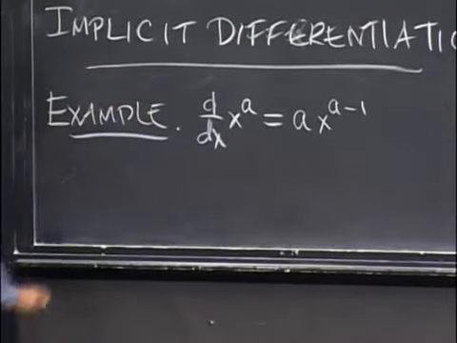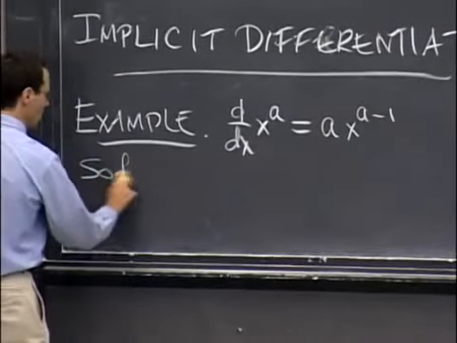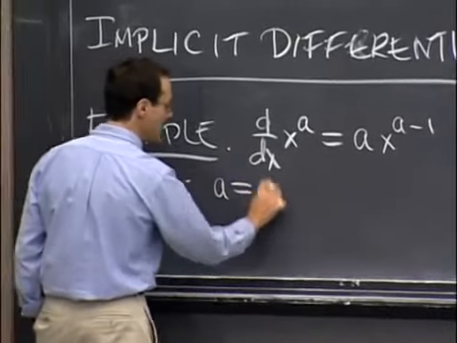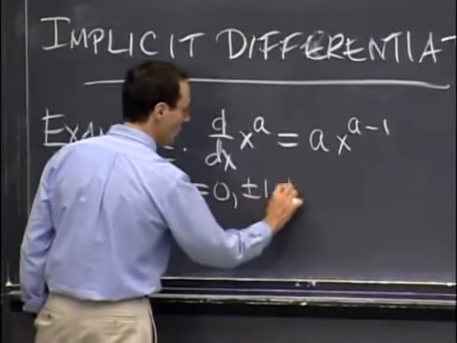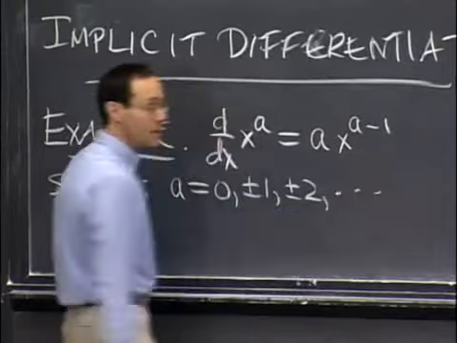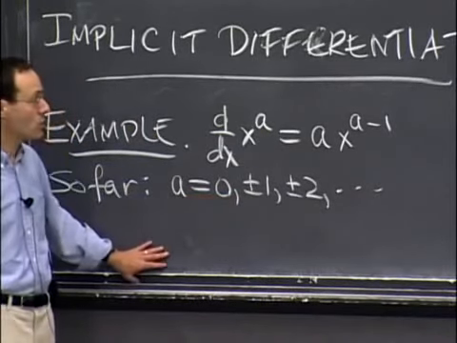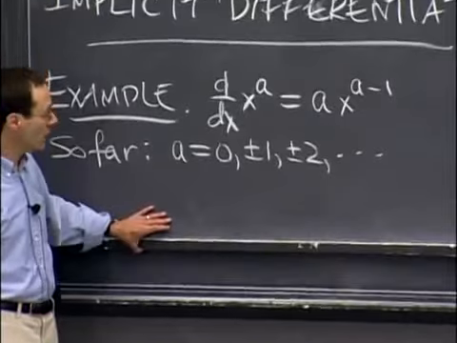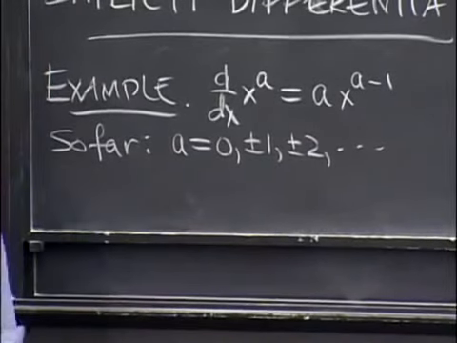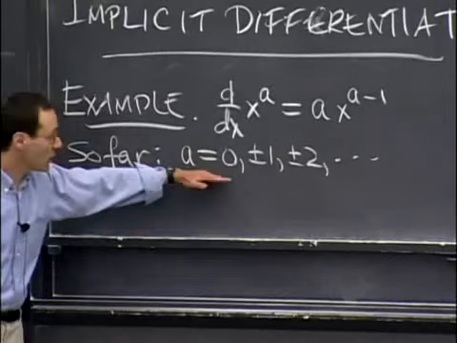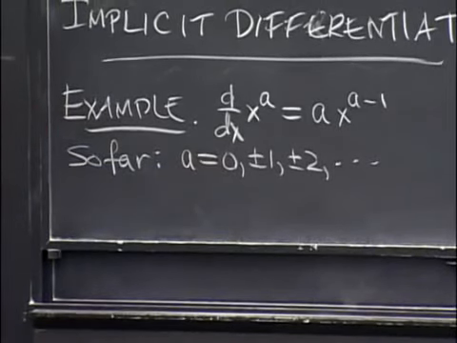Now, what we've got so far is the exponents 0, plus or minus 1, plus or minus 2, etc. You did the positive integer powers in the first lecture, and then yesterday, Professor Miller told you about the negative powers.